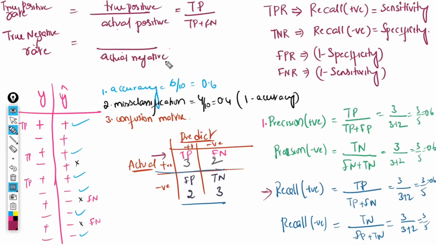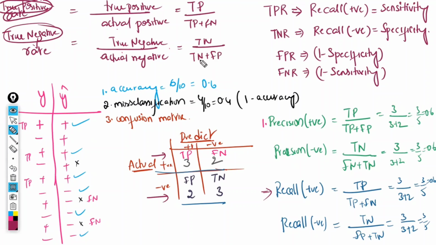For understanding purposes, in the numerator you take the true negatives. That is TN divided by actual negatives. Actual negatives is nothing but TN plus FP.